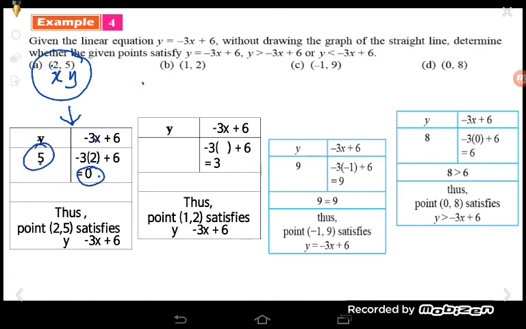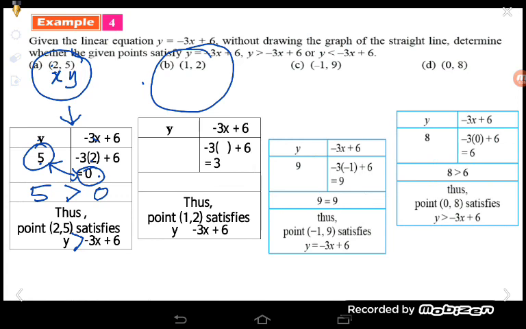5 and 0, what's the relationship here? It is 5 more than 0. Thus, point 2, 5 satisfies the inequality for y more than -3x + 6.